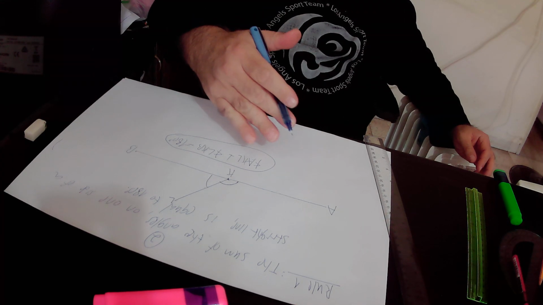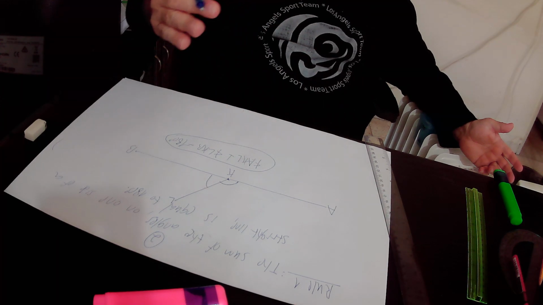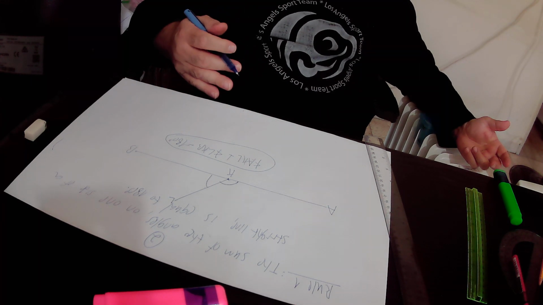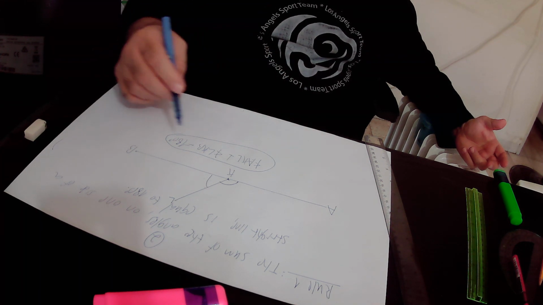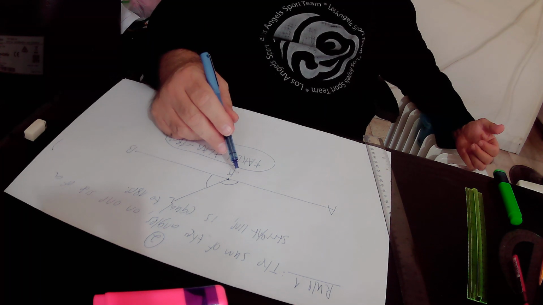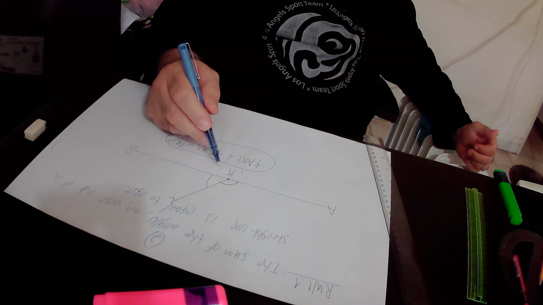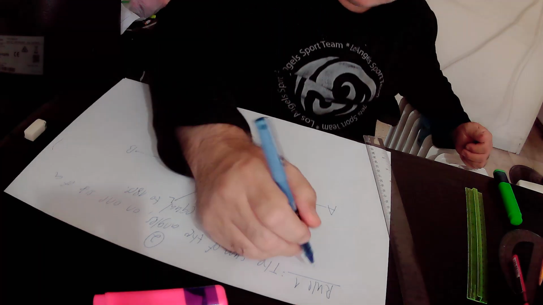So it is the sum of the angles on the upper side of the straight line AB that is equal to 180 degrees. Likewise, the sum of the angles on the lower side of the straight line AB must also be equal to 180 degrees. That is to say, this angle is also equal to 180 degrees according to rule number 1.